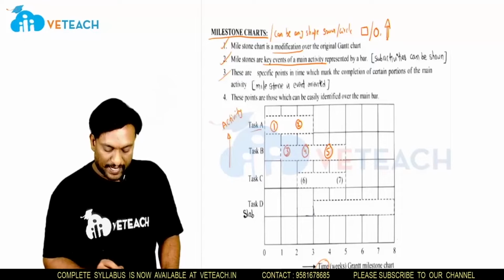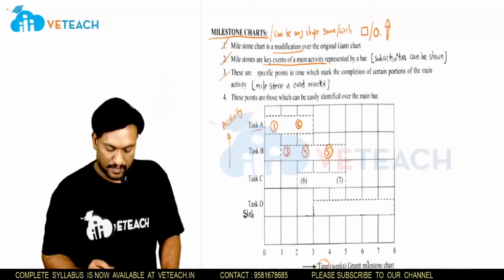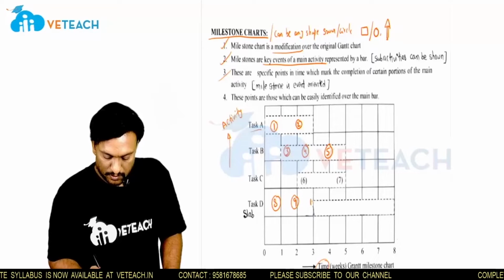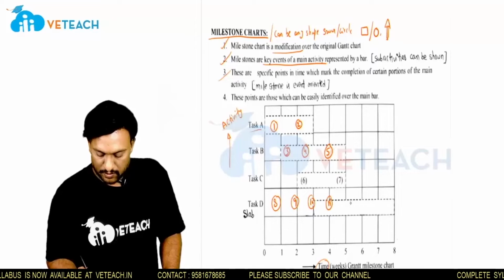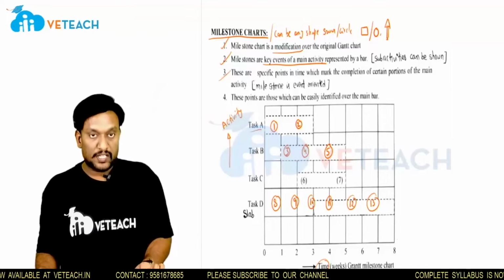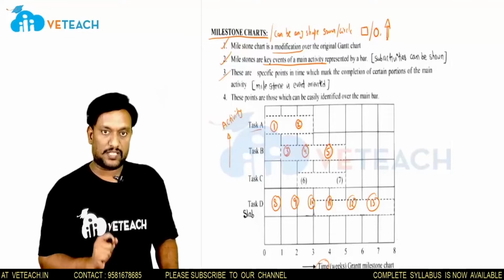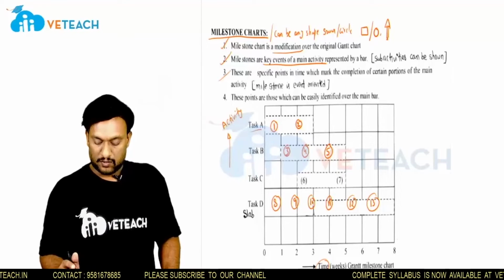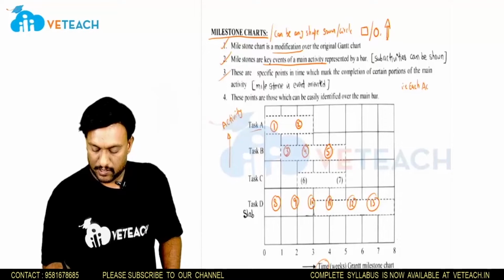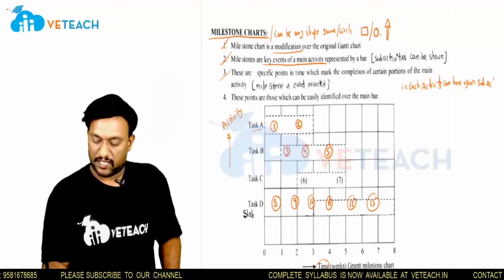Task C I represented with 6, 7, and again 8, 9, 10, 11, 12, 13. So each activity can again have sub-activities. That is the meaning of this task A.